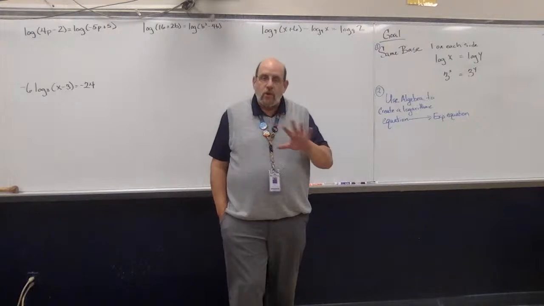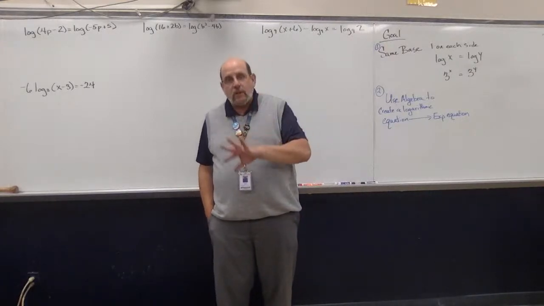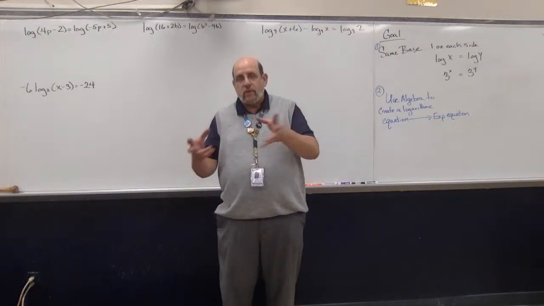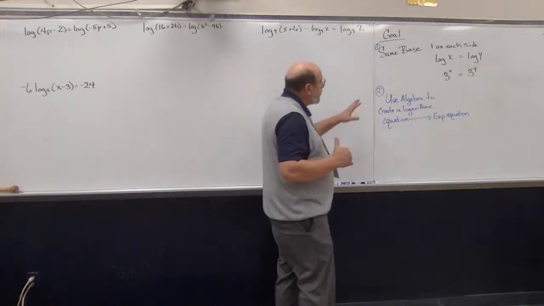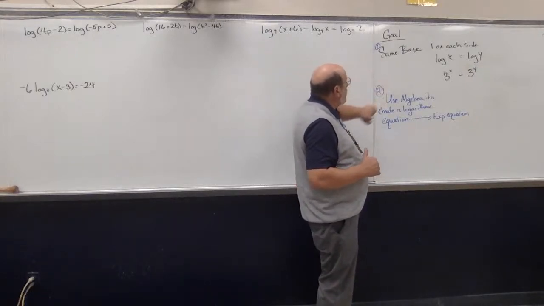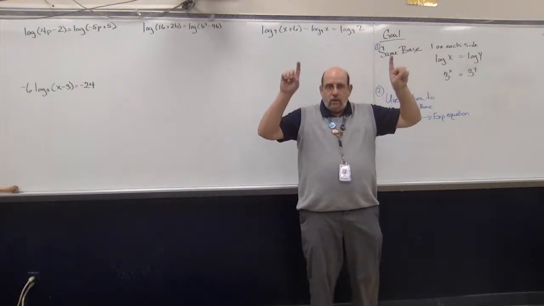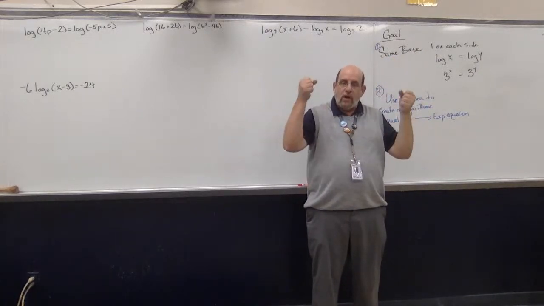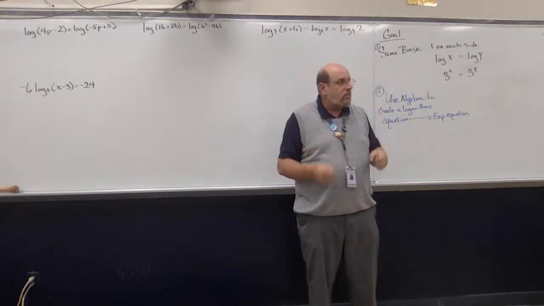I want to go over the goals really fast so that we can move on. I'll move the camera a little closer so you can see what this says on the board. We want to have one log with the same base, or one exponential with the same base, on each side.